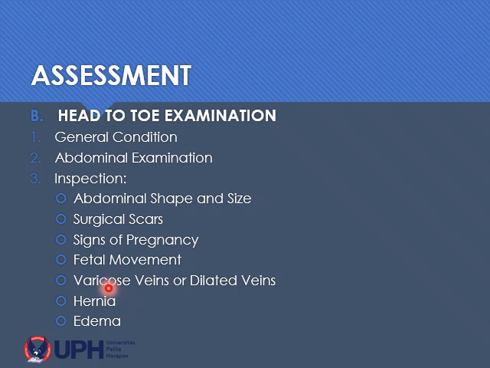We also assess varicose veins and dilated veins, and we ask if there is any hernia anywhere, umbilical or lumbar hernia, or also edema on the feet, on the hands, or wherever. So these are the things that we need to examine on our patient.